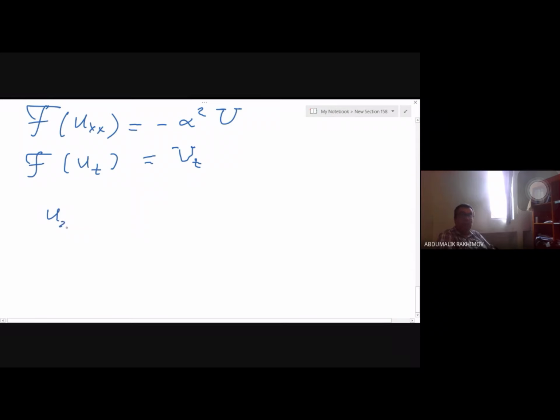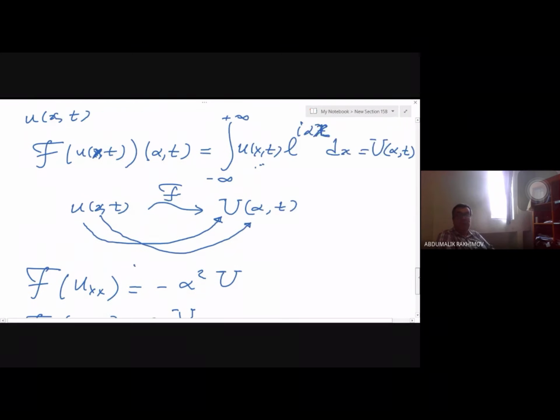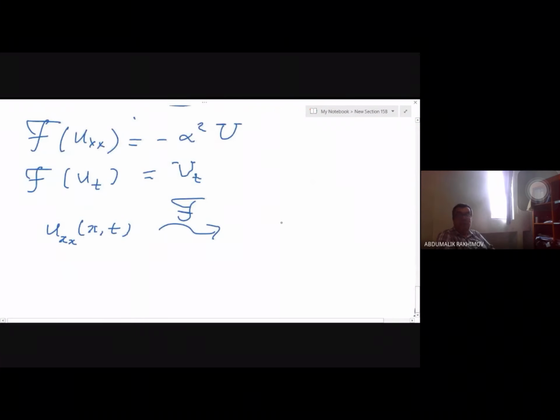So your function u_xx(x,t) in Fourier transformation is changing to minus alpha squared U(α,t).